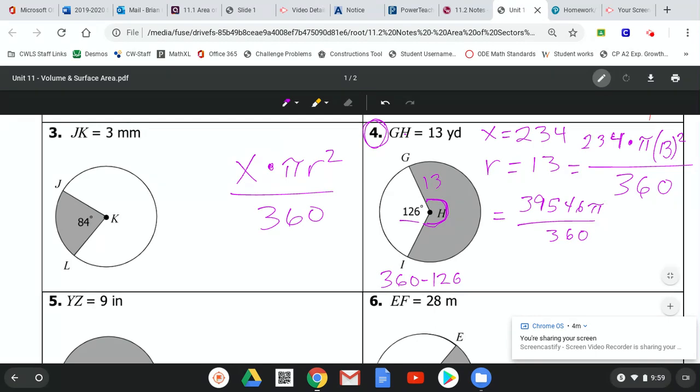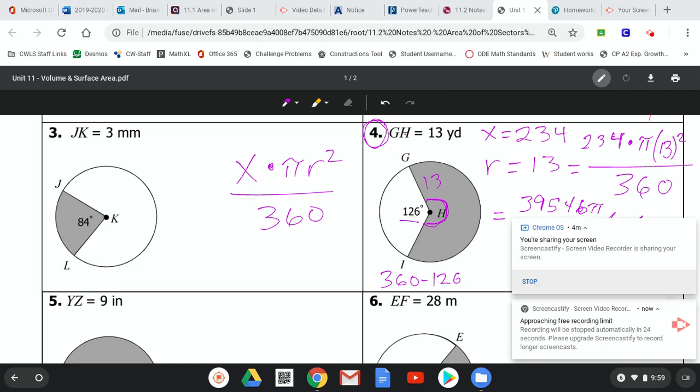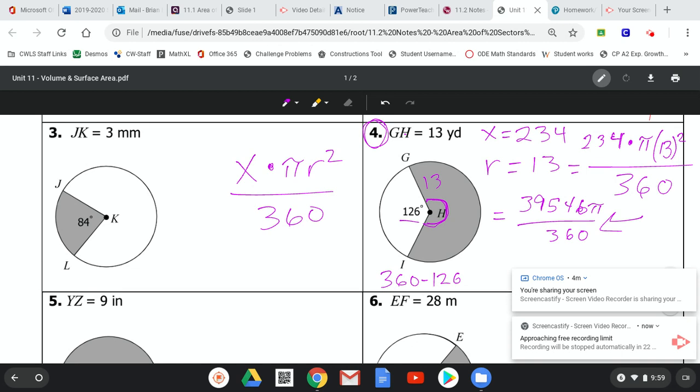And again, guys, you don't have to do this step every single time, but I'm just doing that so that you guys can see how that works, and make sure that you're plugging it in your calculator, because we should get for a final answer, it should equal 345.1. And it's yards squared, okay? So that is our answer for number 4, okay? So now moving on.